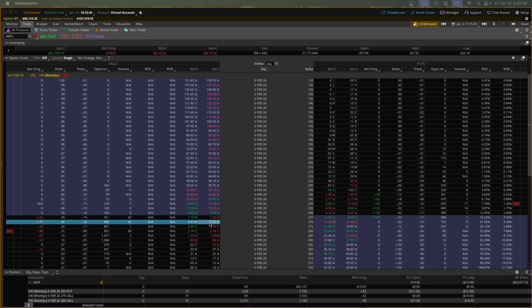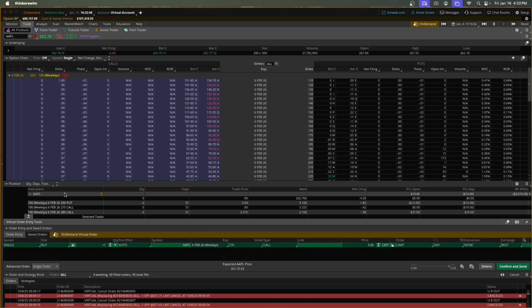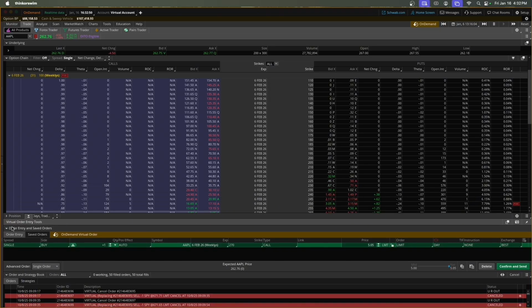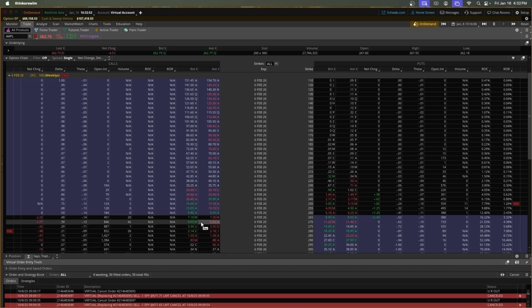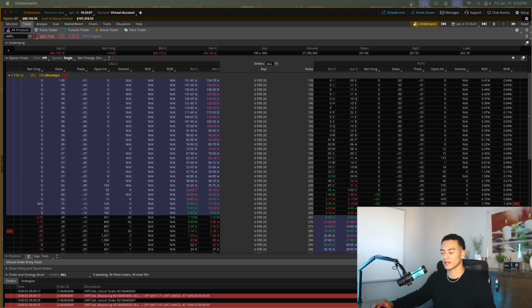Essentially what this is saying is that if you were to buy contracts right here, you would purchase them at $505, but then if you wanted to sell them right away, you would be selling them at $495. So you would instantly be losing $10 per contract. You don't want to do this.